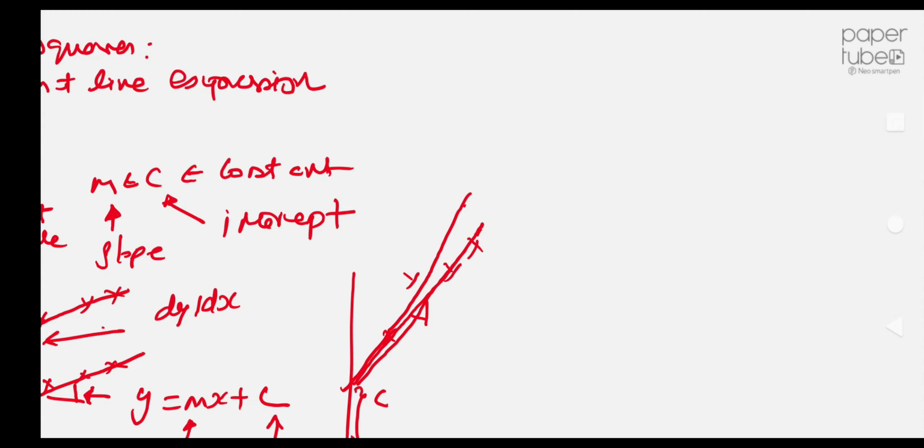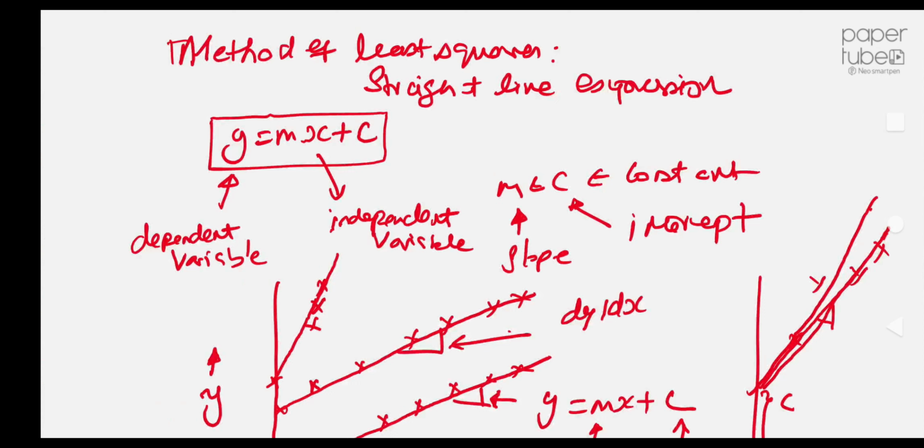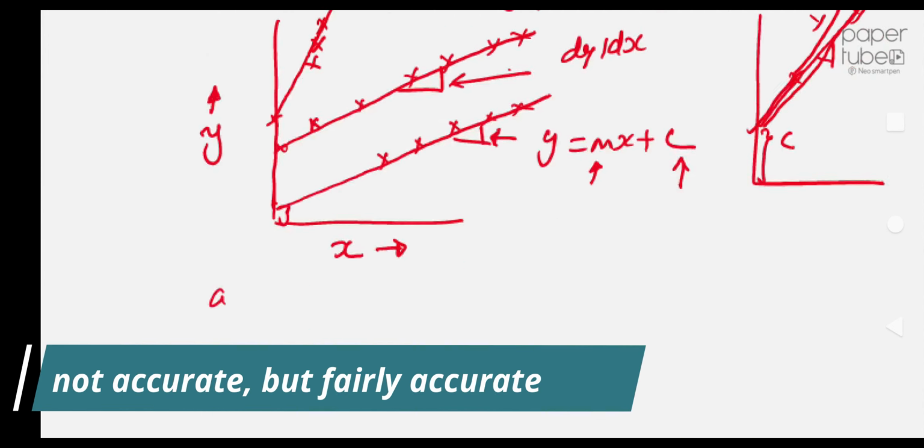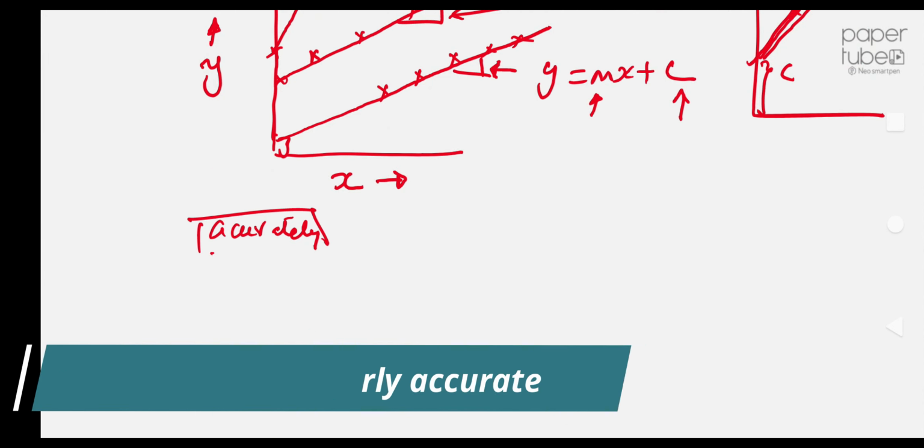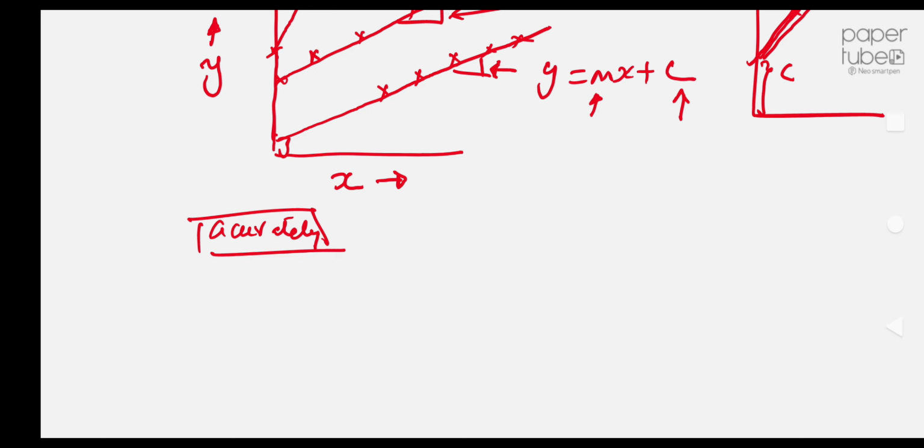So it is best to use the principle of least square, the so-called least square method. We are going to use this method to get m and c accurately. Whenever I say accurately, I mean it's better than the graphical method. So how to do that?